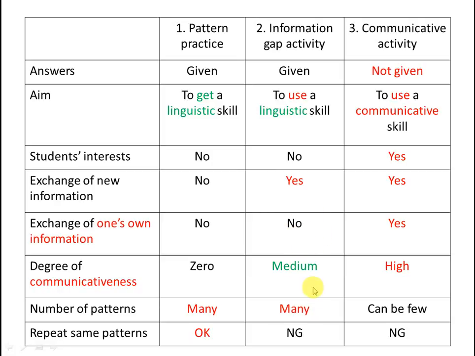So I would say medium here, and a high degree of communicativeness is involved in communicative activity. We can't call an activity communicative unless there is a high degree of communicativeness.